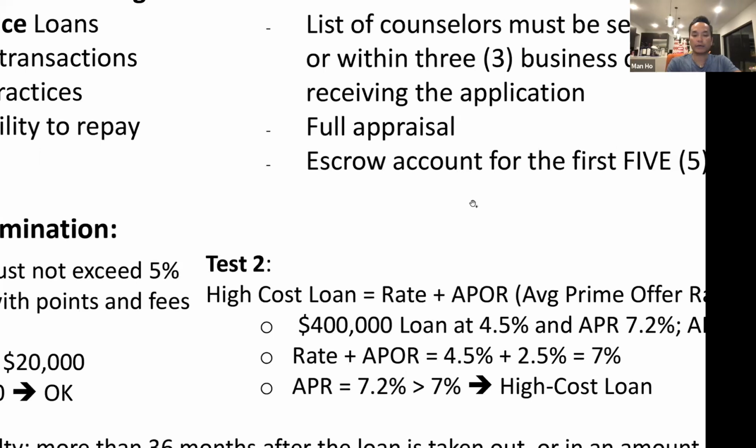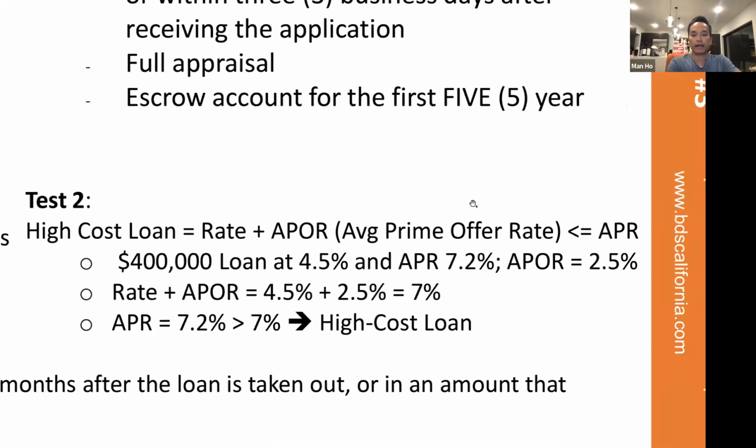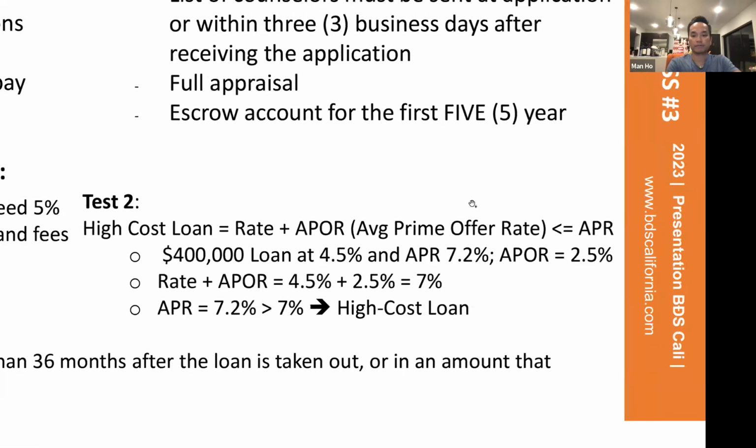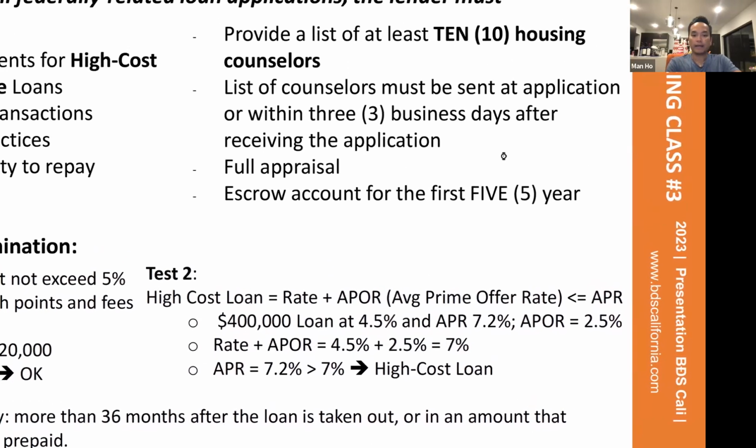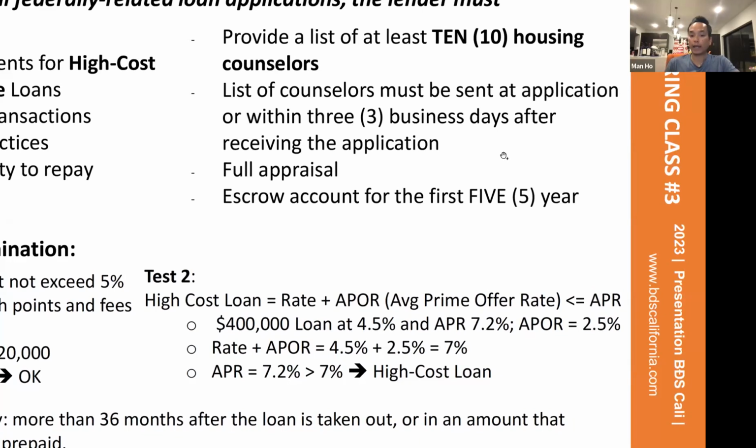Okay, what is test number 2 to determine a high cost loan? The rate plus the APOR, average prime offer rate, needs to be less than or equal to the total APR. Okay, so back to the same question.